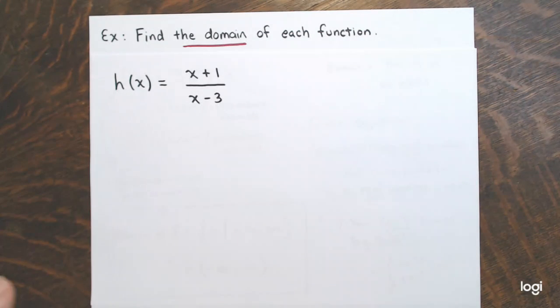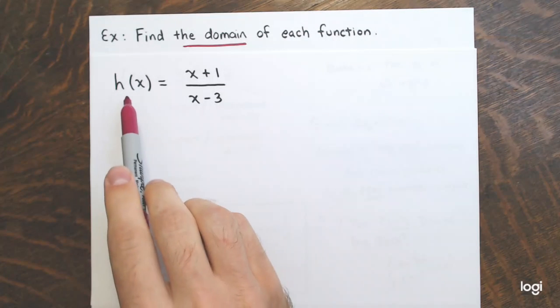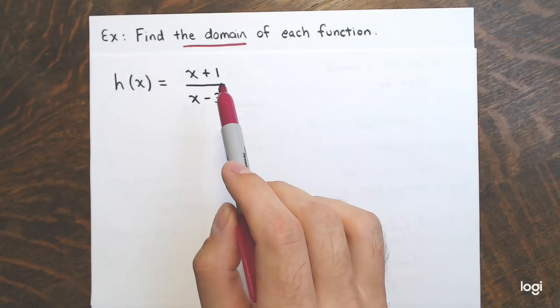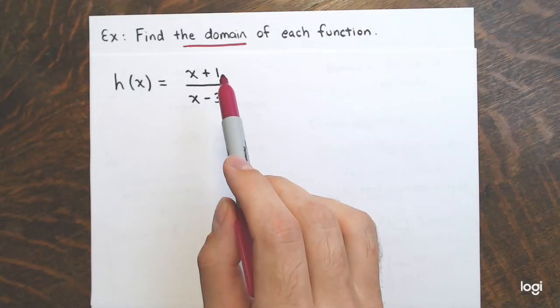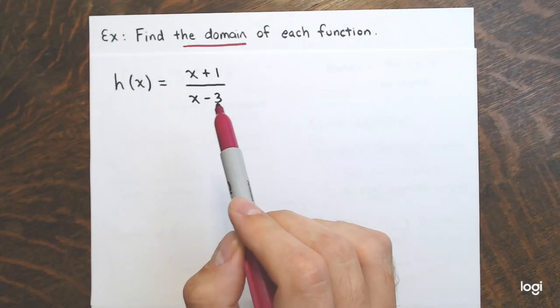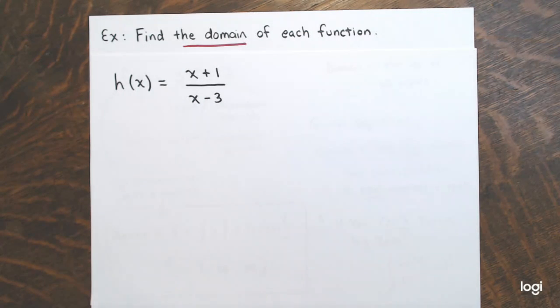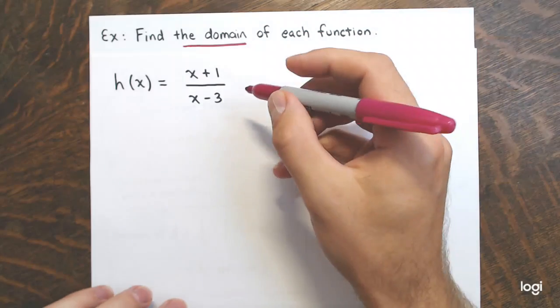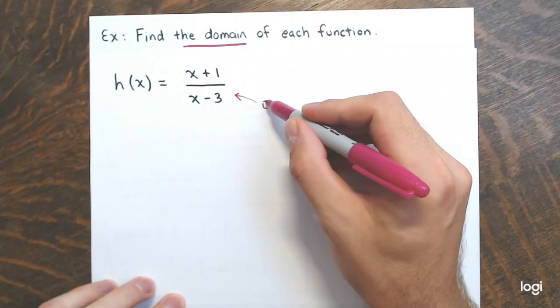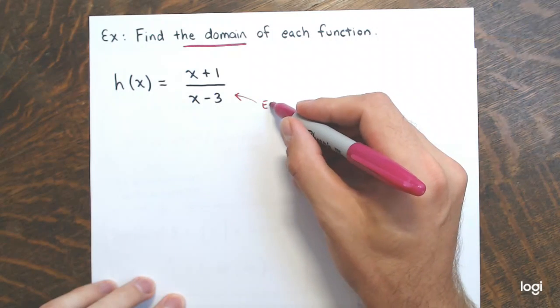If you look at this function here, we have h of x equals, and then we have this rational expression, a fraction, with x plus 1 in the numerator, divided by x minus 3 in the denominator. So this time I am noticing there's an expression with a variable in a denominator.